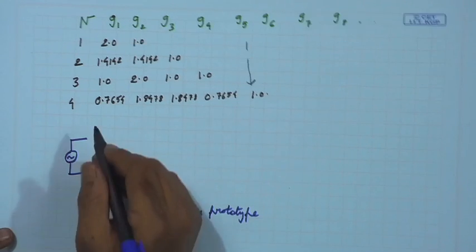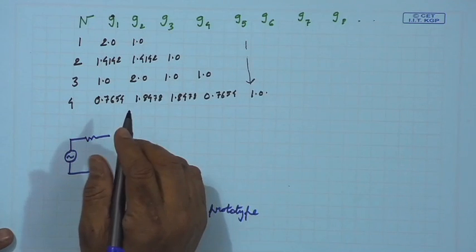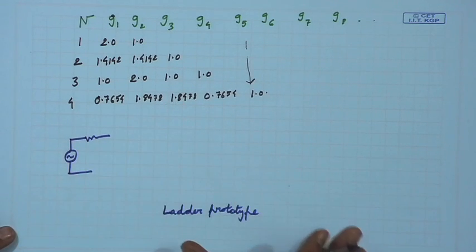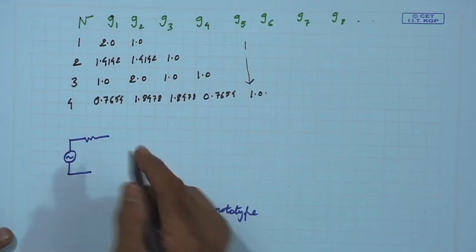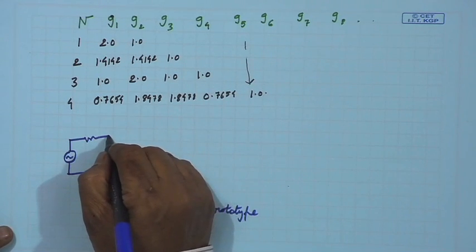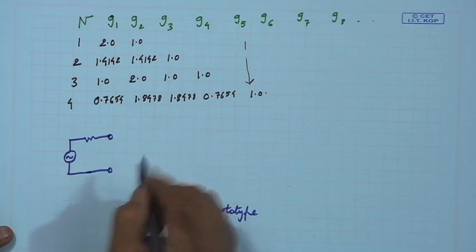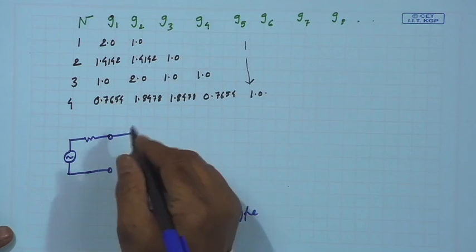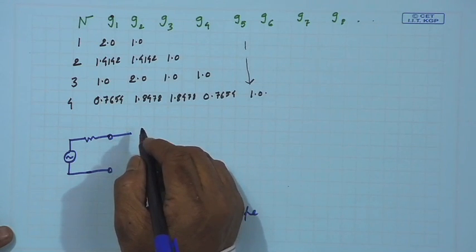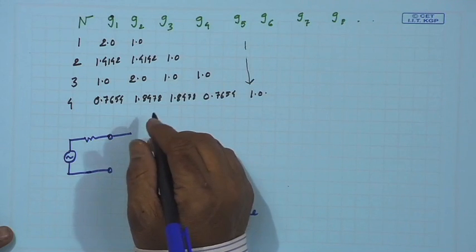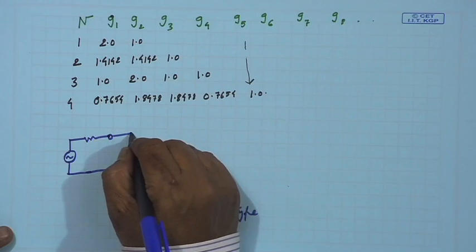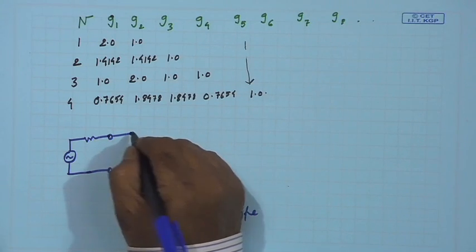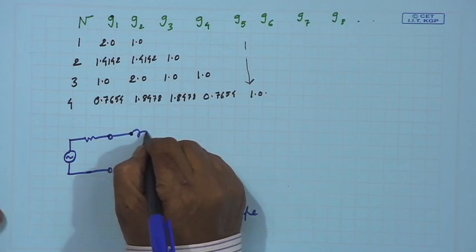In any synthesis problem you have this type of prototype, because this is your reference, and with reference to this you design. We know the first element is like this, then in the previous case, how I designed, take this.